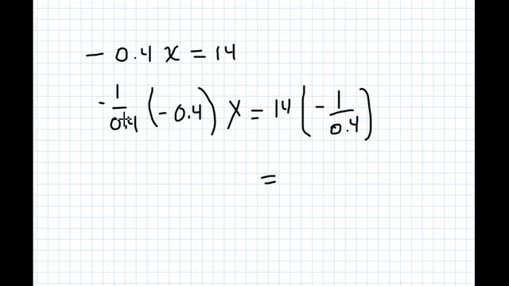And of course, multiplying these two together gives me x is equal to negative 35. So I just use the calculator and plug that in here.